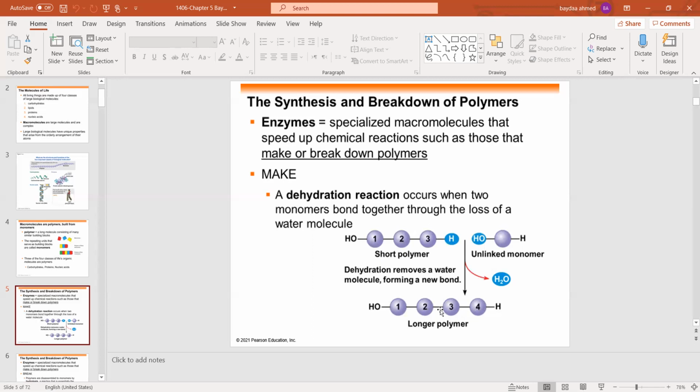For example, carbohydrate and protein polymers are synthesized by dehydration reactions. Each reactant contributes parts of the water molecule that is released during the reaction. One provides a hydroxyl ion, while the other provides a hydrogen ion. This reaction is repeated as monomers are added to the chain one by one, lengthening the polymer.